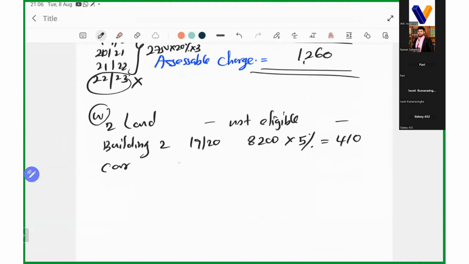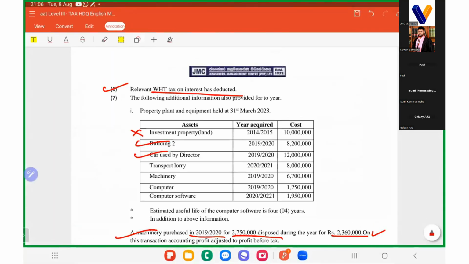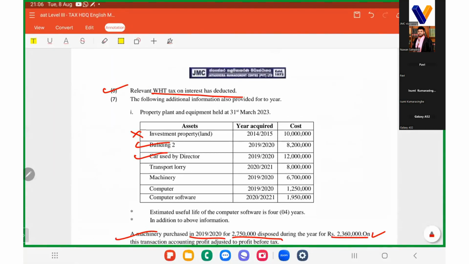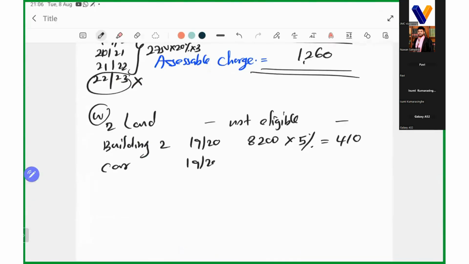Not allowed. When was it purchased? 1920. How much was the cost? 12,000. But as you told, it is not allowed. Why? Because that is not used for business purposes, but used for personal traveling.